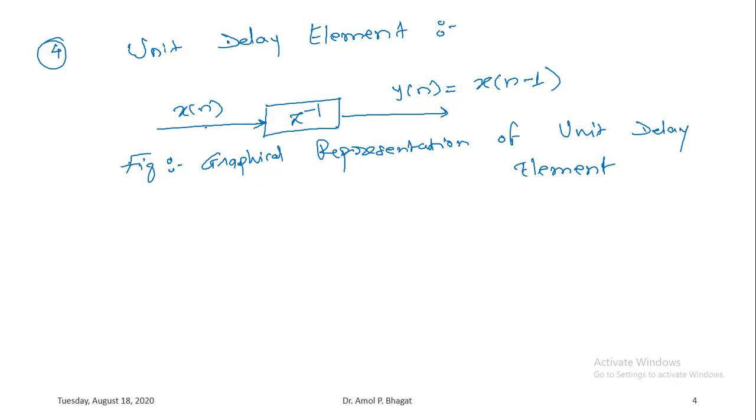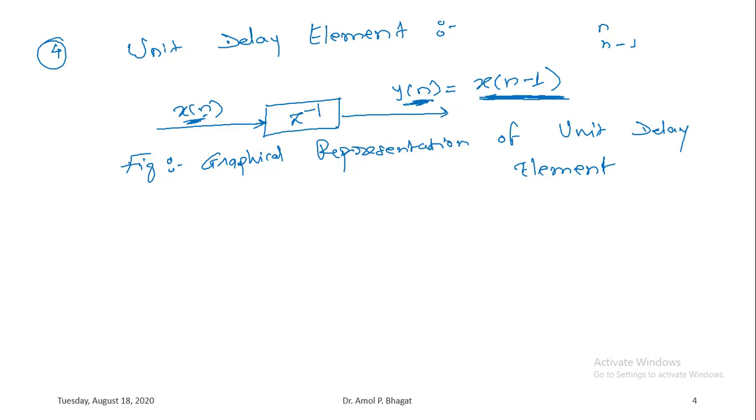Again, if you observe this output equation, y of n, you applied input x of n. The current input at the present time instance small n is x of n. But the output depends on the previous input sample, the past input sample. Because the current time instance is small n, the previous time instance will be n minus 1. Therefore, here the output depends on the previous input sample, that is x of n minus 1.